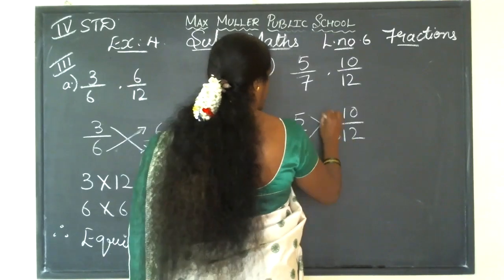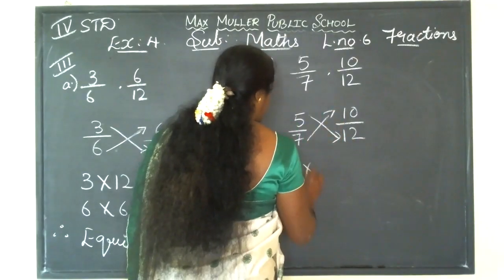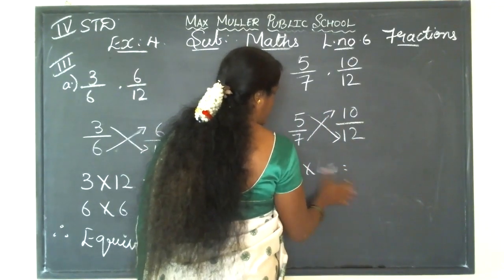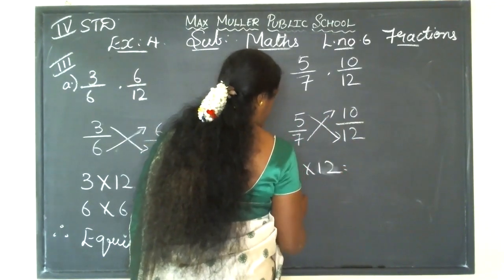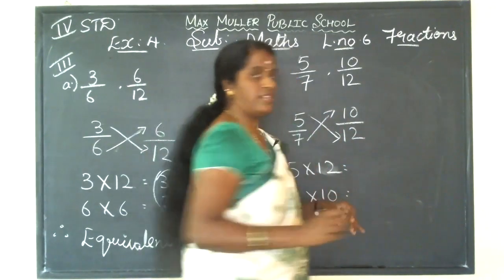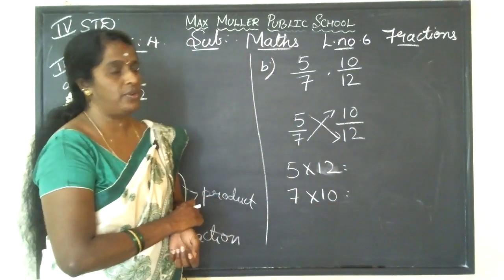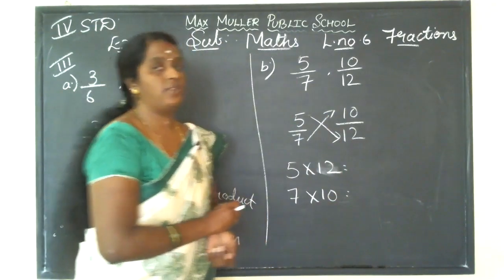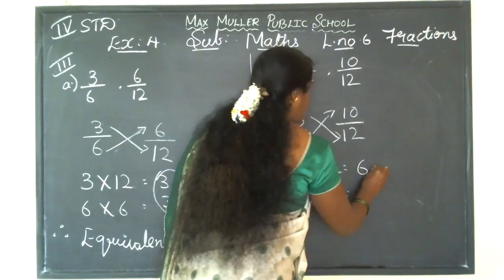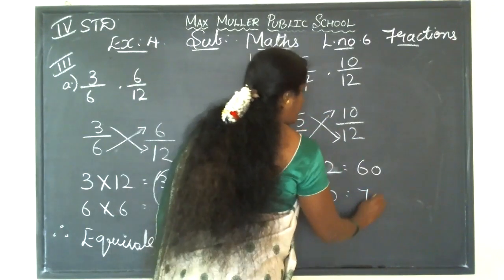Here, cross multiplication: 5 12s are, 12 1s are 12, 12 2s are 24, 12 3s are 36, 12 4s are 48, 12 5s are 60. 7 10s are 70.